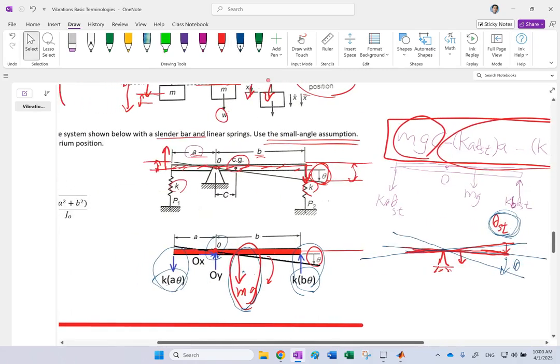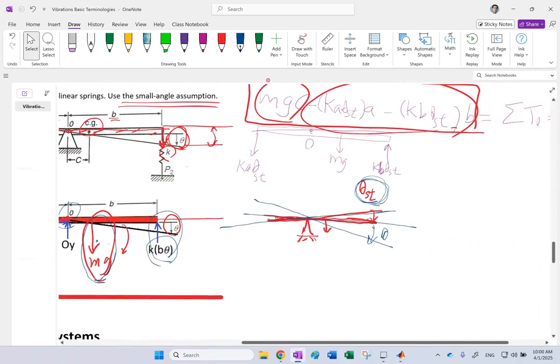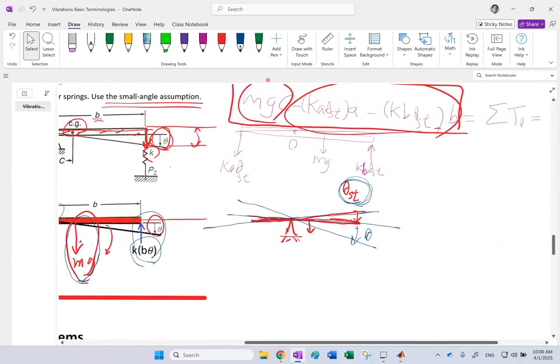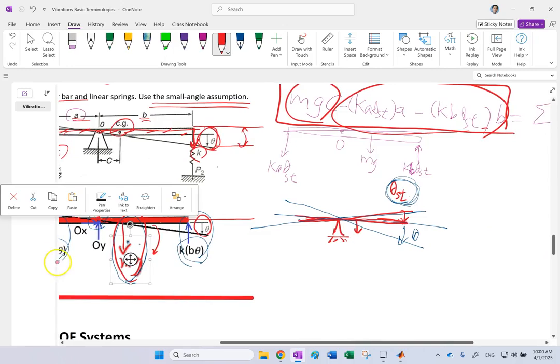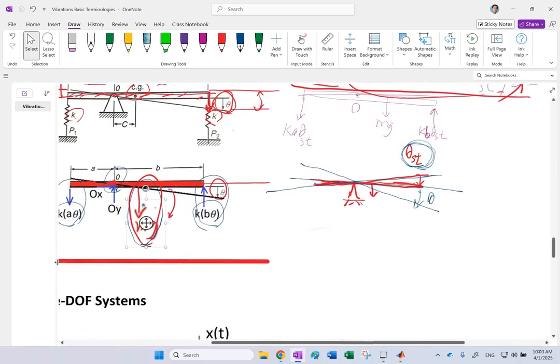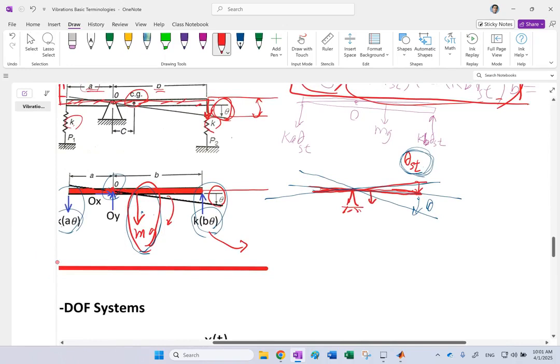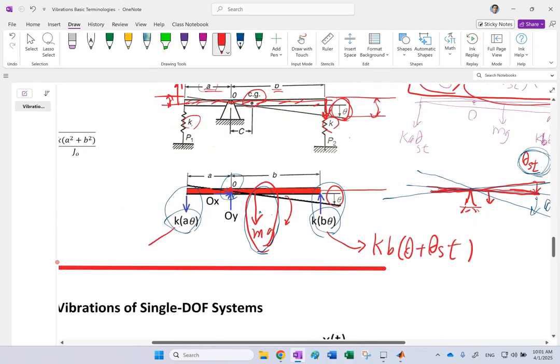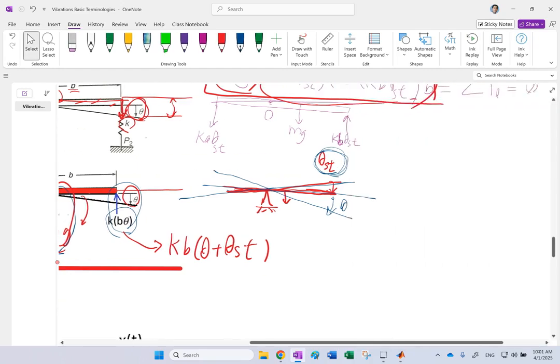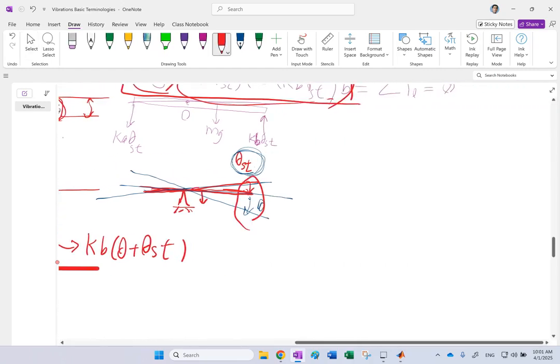Now, when you move off of the equilibrium, your actual forces are not simply K_B theta and K_A theta. Really, these forces are K_B times theta plus theta static, and this one is also K_A times theta plus theta static, because that is your total angle measured from the horizontal direction.